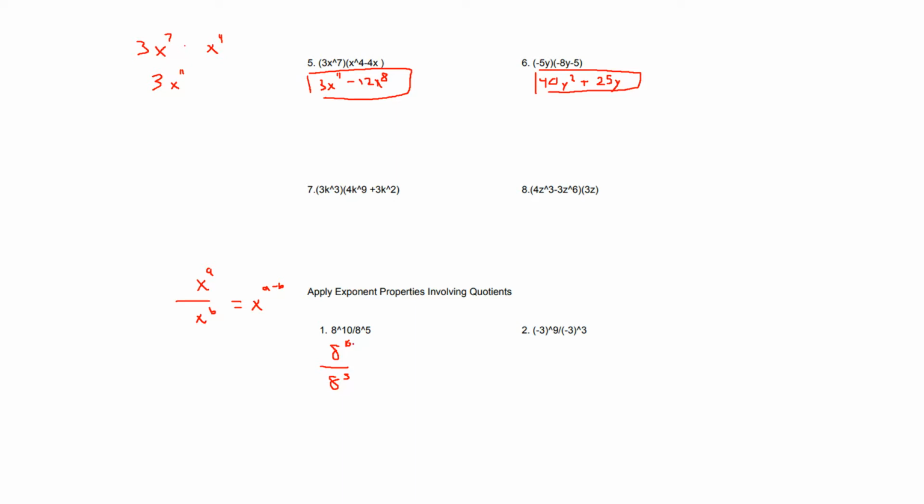So in this case, it would be 10 minus 5. So this would become 8 to the power of 10 minus 5, which is just equals 8 to the power of 5 as your answer.